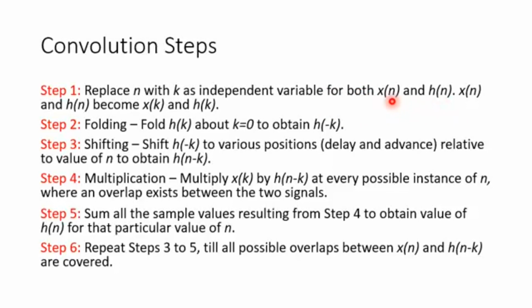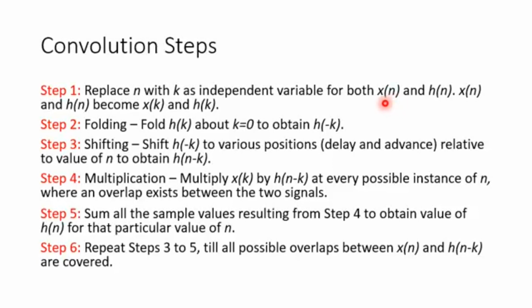We do not want the n to disappear. So in order to save this n from disappearing after the summation, the trick is to use a dummy variable k and sum the signal along k so that we can safeguard n. So convolving x[k] and h[k] gives us y[n]. That is the reason for choosing a dummy variable.